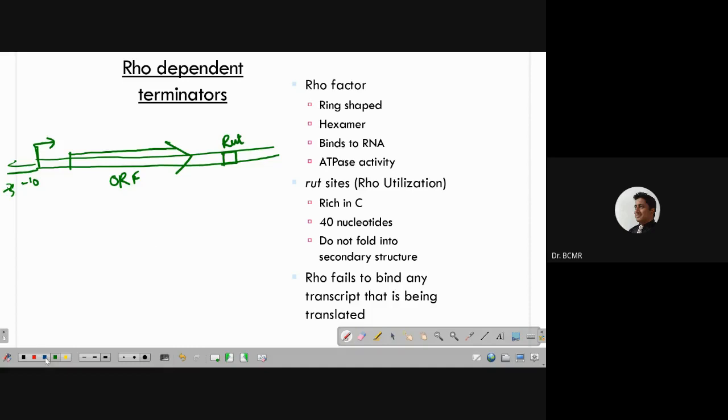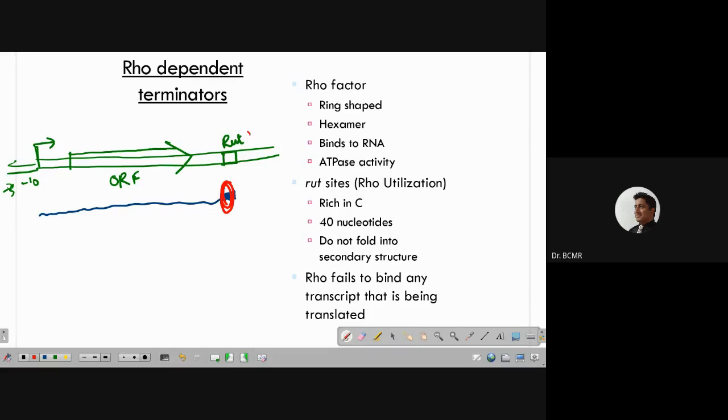So upon transcription, the RNA will be generated something like this, and once it is here, the RUT site will now be transcribed, and the rho protein will recognize it and bind, and it will stop. It binds to the RNA with its ATPase activity, and it will dissociate the RNA transcript from the RNA polymerase.